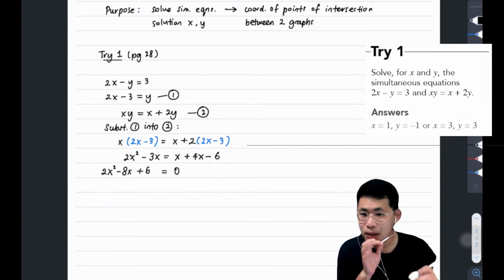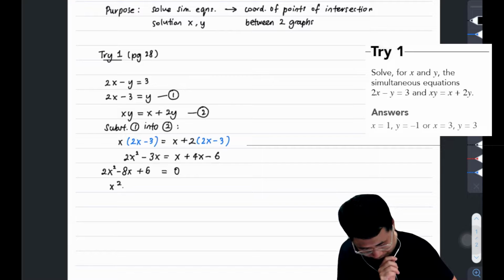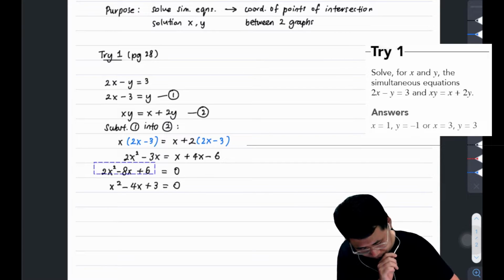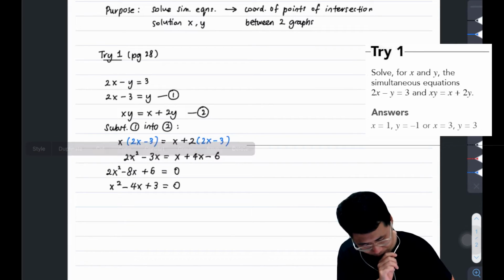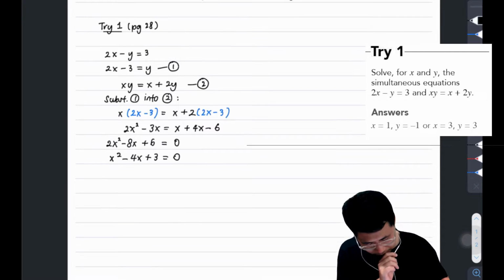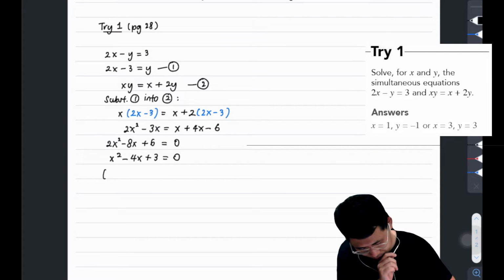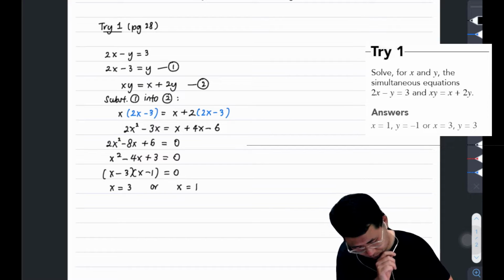All are even numbers. Let me divide by 2 to make my life easier. Plus 3 equals 0. With this, it looks factorizable, so I'm going to factorize: x minus 3, x minus 1. So x equals 3, or x equals 1.